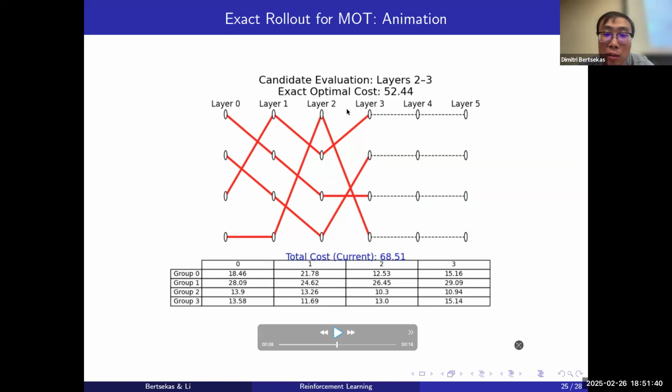So this arc's cost, or the J tilde, corresponding to this particular case is the cost of this grouping. And you can put them all together and minimize the UK here.